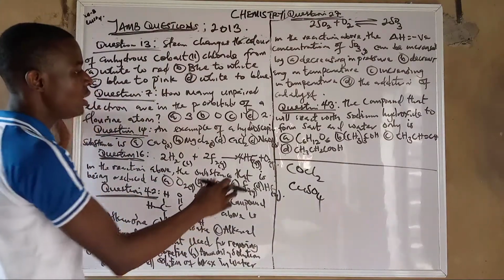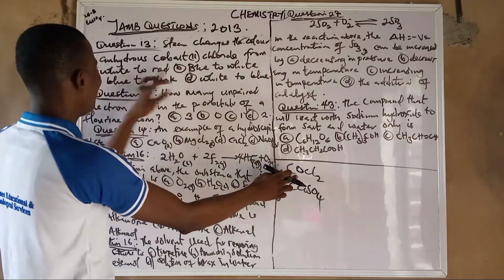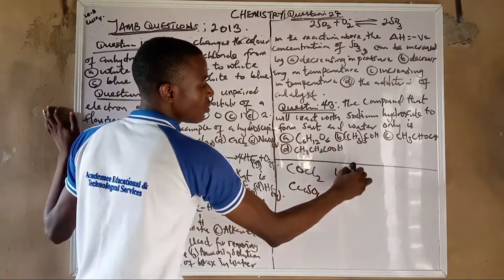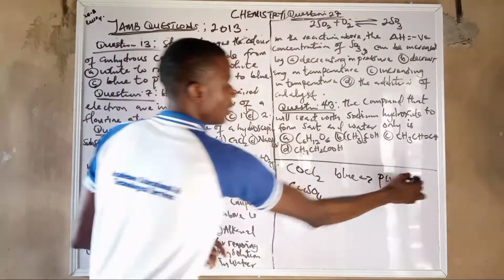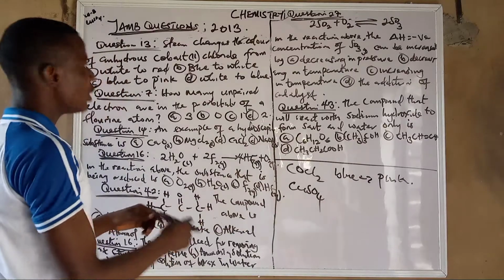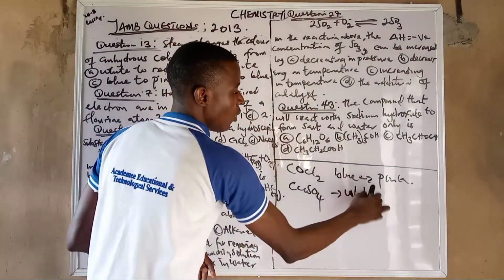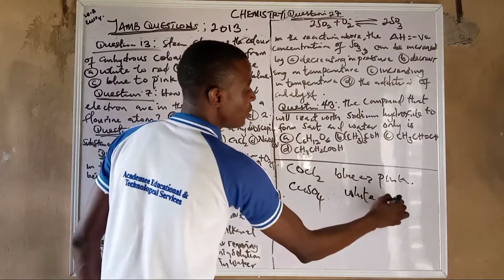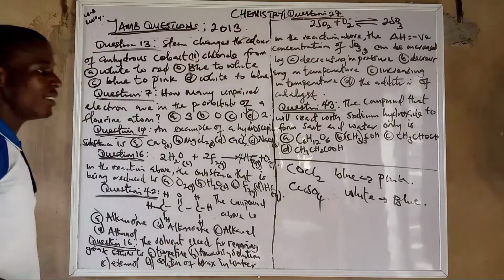Mind you, the color of cobalt-2 chloride is blue. Whenever water is added, it changes to pink. These are the two tests for water. But for copper-2 sulfate, the color ordinarily is initially white, but when water is added, it changes to blue.